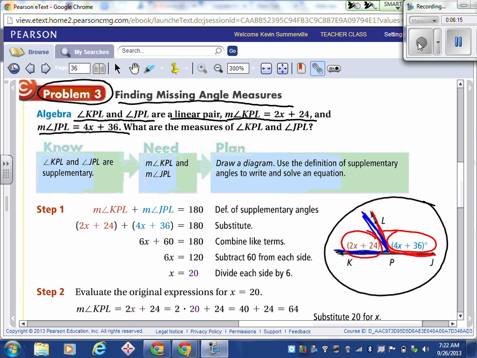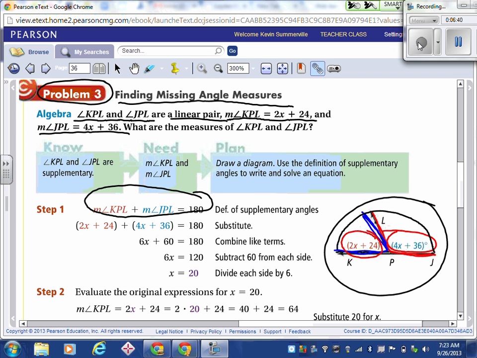Because we know that linear pairs add up to 180 from this angle all the way to that angle, we can set up an equation: measure of angle KPL plus measure of angle JPL is 180.